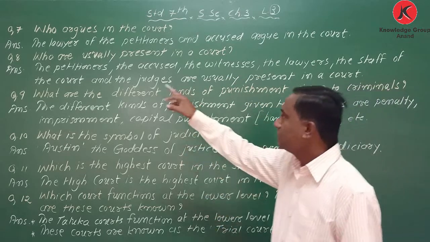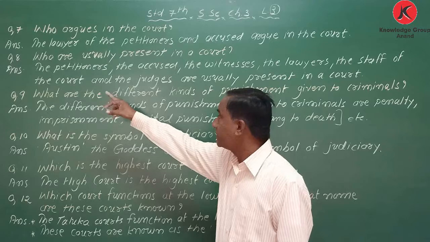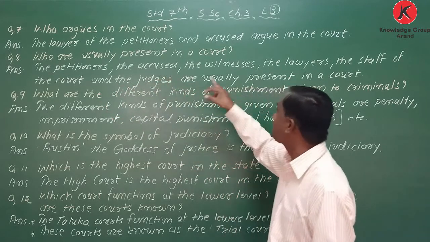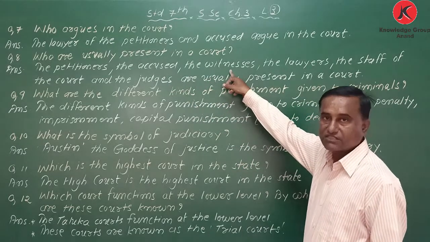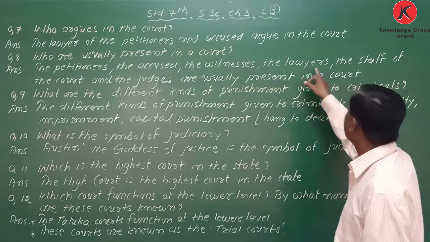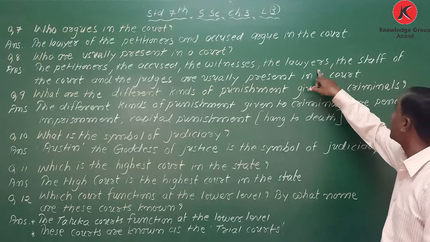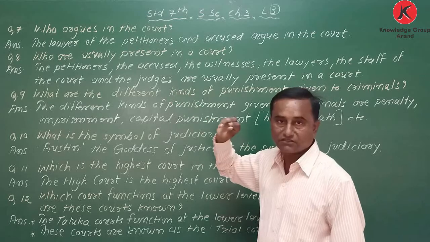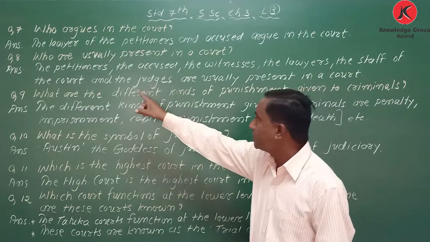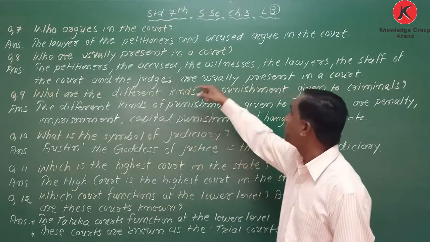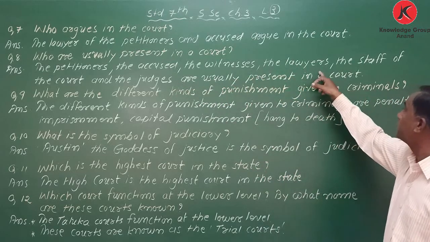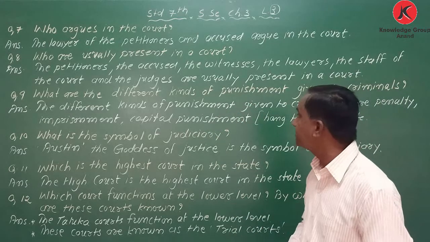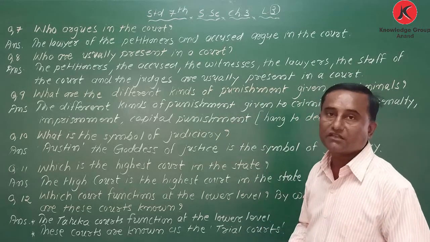Answer: the petitioners, the accused, the witnesses of both the parties, the lawyers of both the parties, the staff of the court, and the judges are usually present in a court.